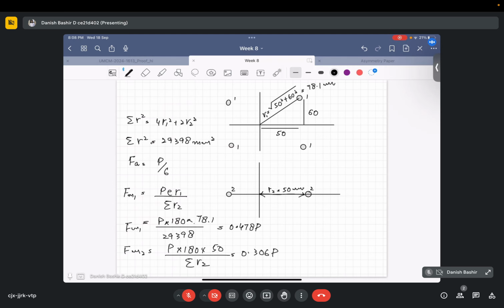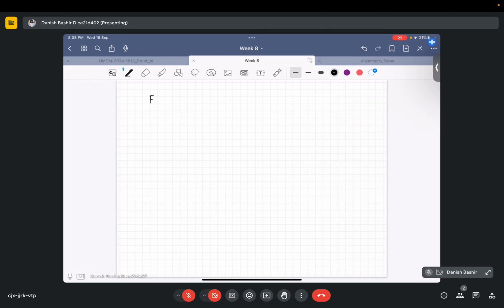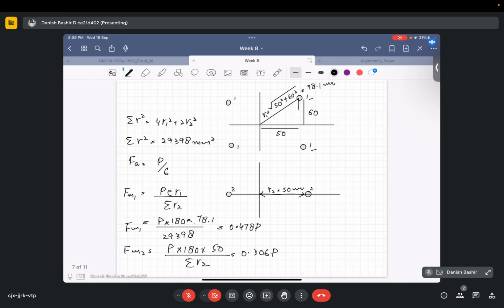Okay, so the resultant on bolt type 1 and bolt type 2 will be as follows. Fr1, the resultant, will be the square root of Fm1 square plus Fa square plus twice Fm Fa cos theta. The value of theta on this bolt: Fa is in this direction, and Fm is in this direction.